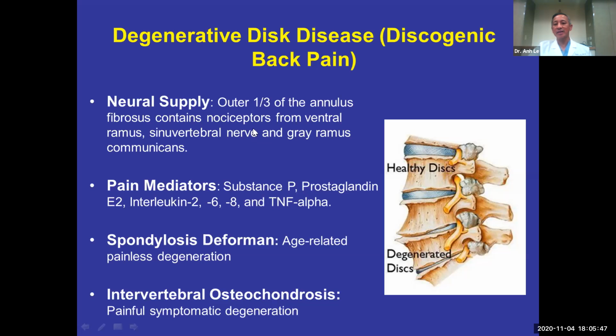When the disc moves abnormally, it produces pain mediators such as substance P, prostaglandin, interleukins 2 to 8, and tumor necrosis factor, and these stimulate the nociceptors to signal pain from the disc.